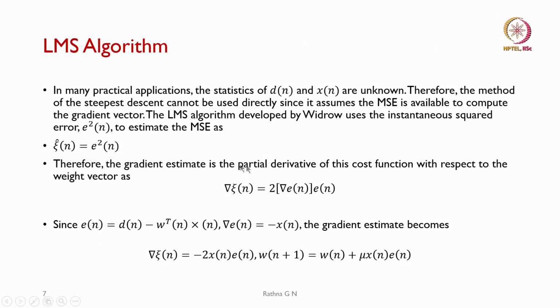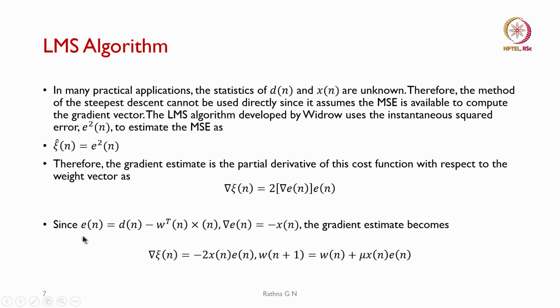So, the gradient estimate is the partial derivative of this cost function with respect to the weight vector. Then our gradient is given by 2 times the gradient of the error vector into the error vector, e of n.